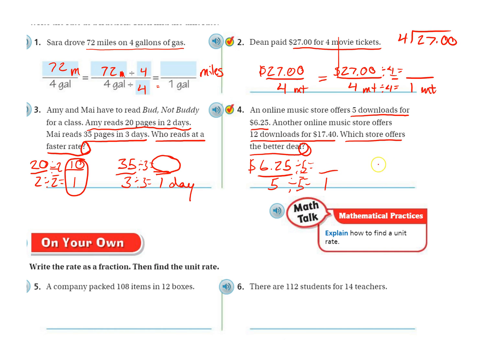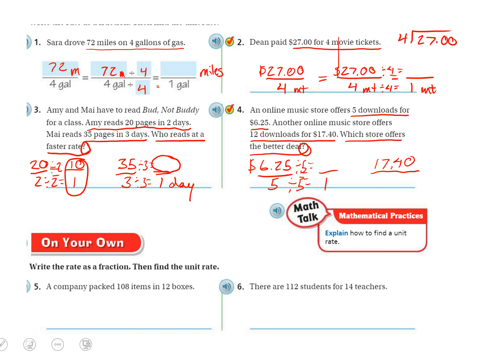And then the other music store, again, we want money on top. We always want the same things as the numerator. So up here we had miles on top, gallons on bottom, dollars on top, movie tickets on bottom. Here we had pages read on top, days on bottom. Here we have dollars on top, downloads on the bottom.